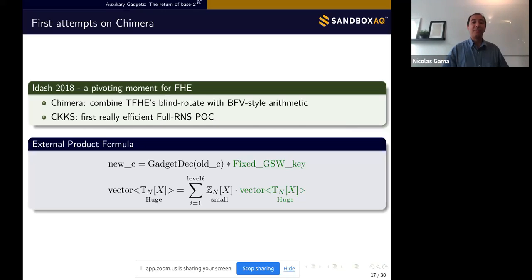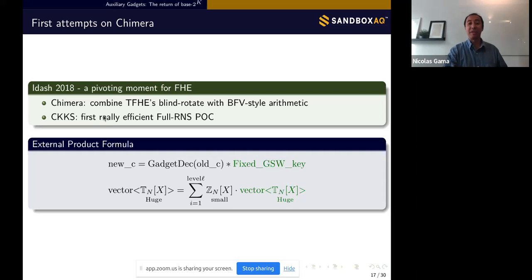So let's go back to the first attempt that was done on the Chimera framework. Back then, in 2018-2019, that was actually a pivoting moment for FHE, because there was this iDASH competition, and two candidates came out the first year to evaluate logistic regression. On one hand, we had the first Chimera, which was trying to combine the FHE blind rotate with some BFV-style arithmetic to do some iteration loop.